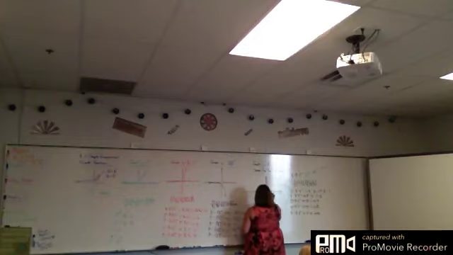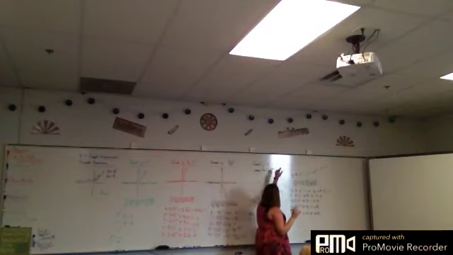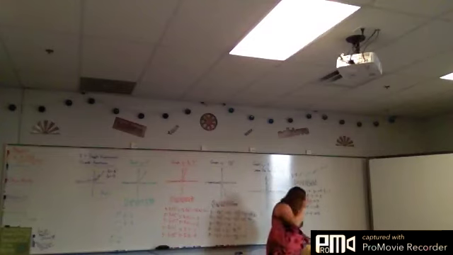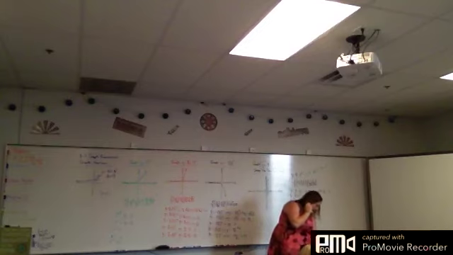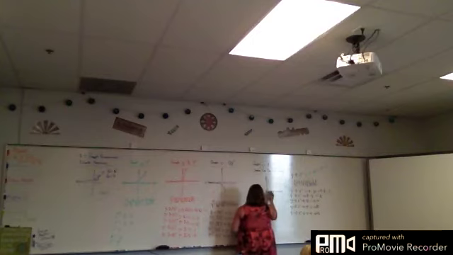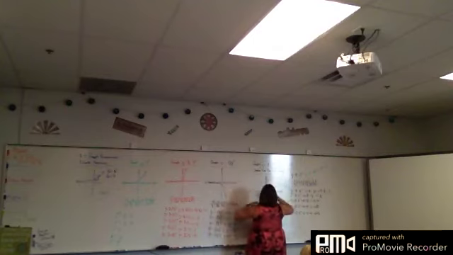Now, listen to this. This is where my domain and range come in. My domain and range come from here. Remember that? So my domain is what? What is my domain in this case? How far, okay, look at this graph. How far does this graph continue left and right?